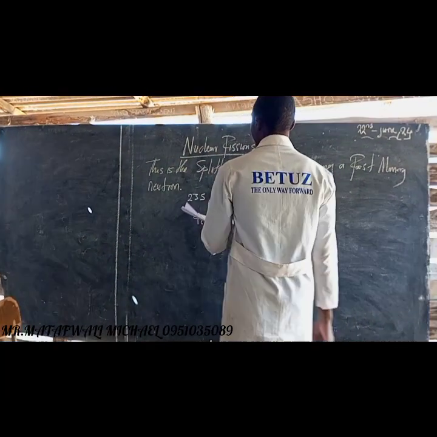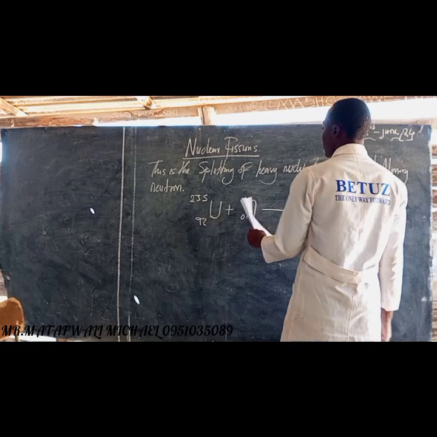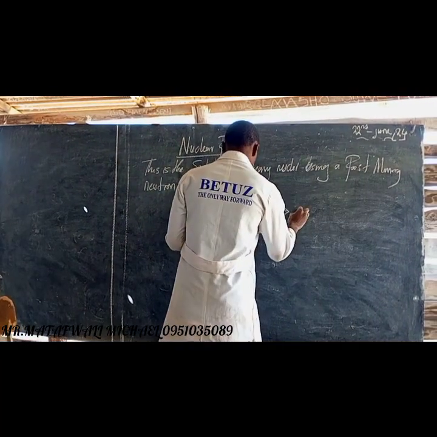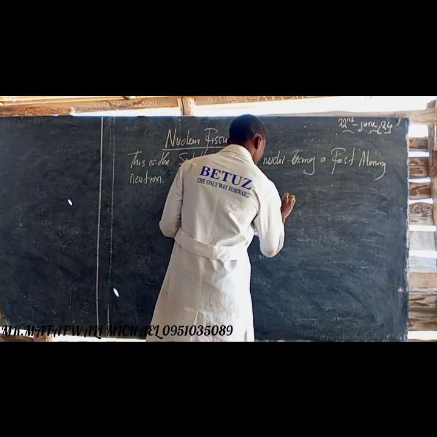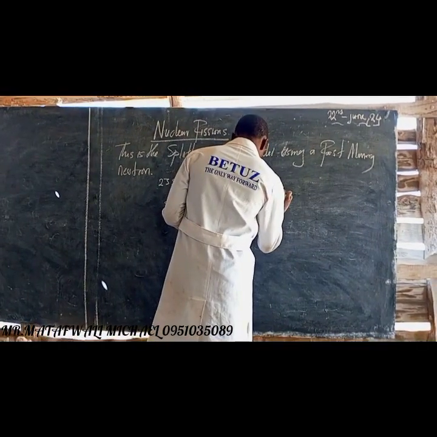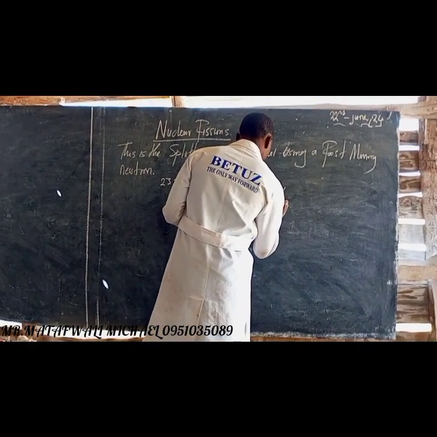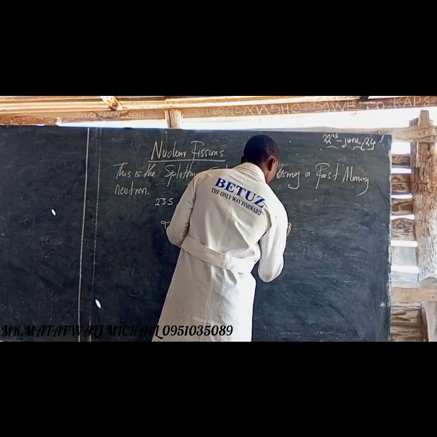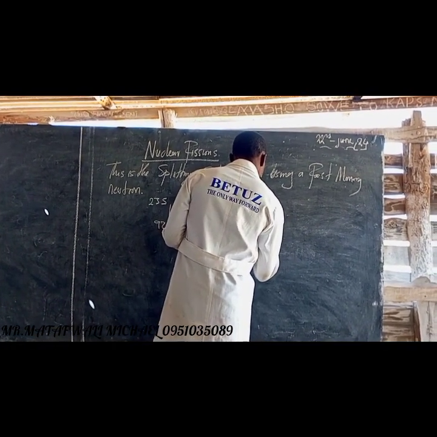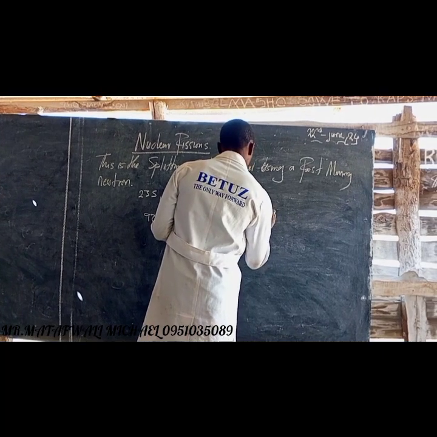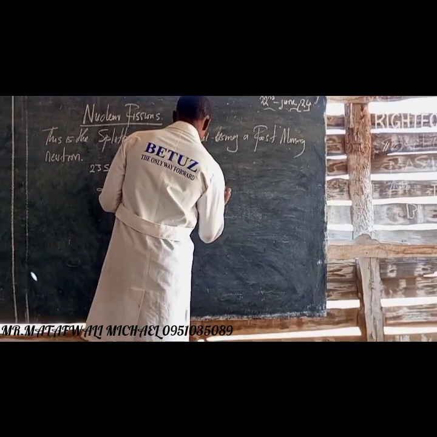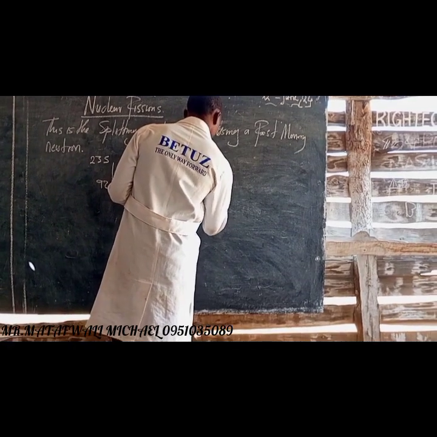So this element is going to be split using a fast moving neutron to produce the first element, which has 141 as the mass number and 56 as the number of electrons.